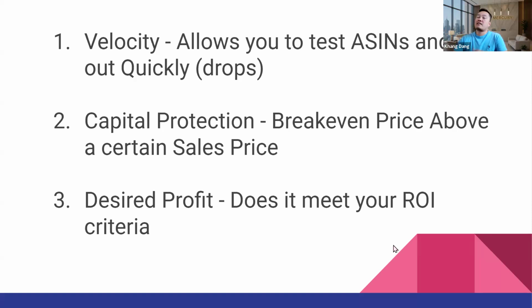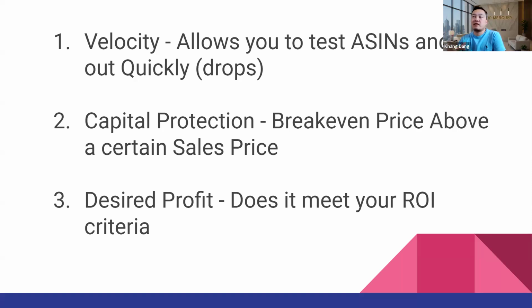Okay. And the third one, which is what everybody looks at, is your desired profit. Does this product at the current buy box meet your profit criteria? Most people will put in a minimum profit criteria of, let's say, 30% ROI or 15% gross profit margin.